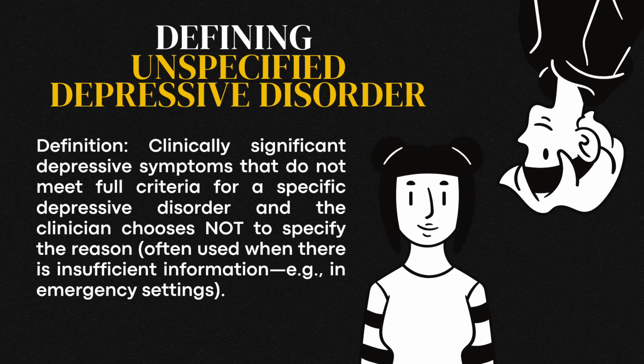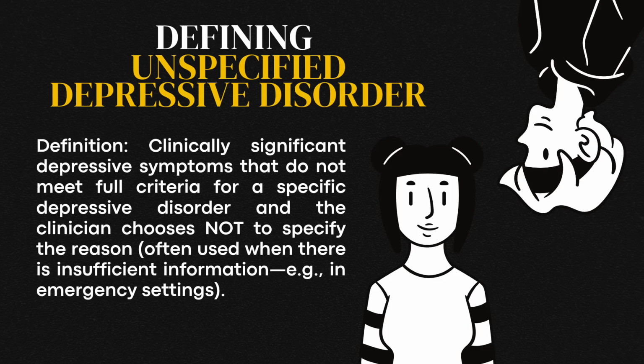This diagnosis is especially useful in emergency or urgent care settings where there may not be enough time or information for a full evaluation. For instance, if a patient comes into the ER with crying, insomnia, and hopelessness, but the clinician cannot yet determine the duration or number of symptoms, they can use unspecified depressive disorder, or UDD, to document the case. Now, when is it used?